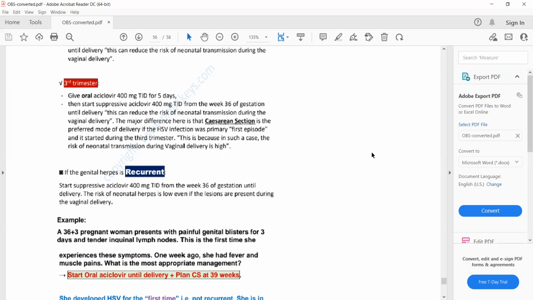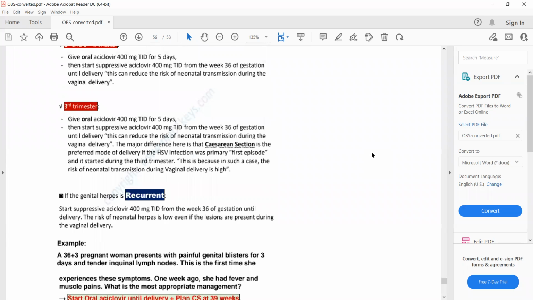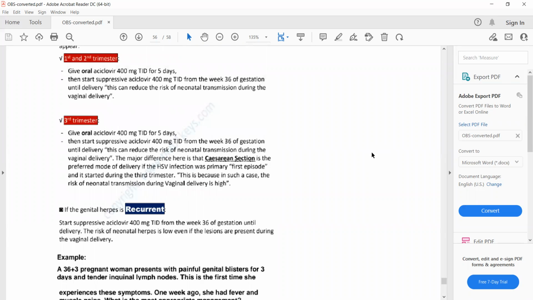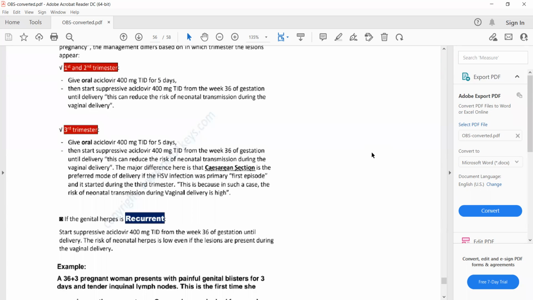Only in third trimester, the preferred method of delivery along with acyclovir is cesarean section, while in case of first and second trimester and if the infection is recurrent, the mode of delivery is vaginal delivery.